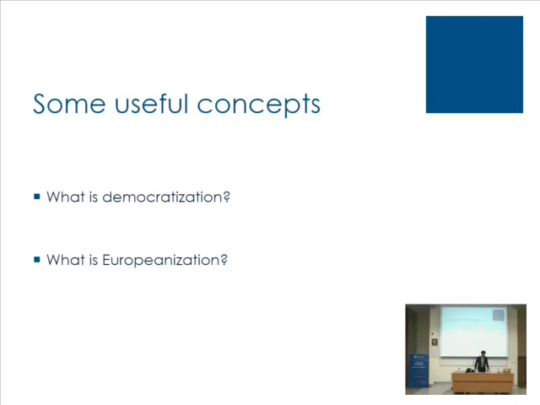So, we will start with some concepts useful to understand the aim of this lecture. I will start with democratization and then Europeanization. Can any one of you provide me a definition of these two concepts in your words?